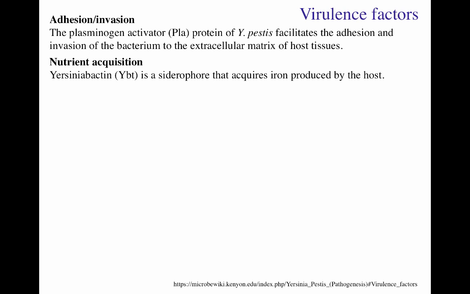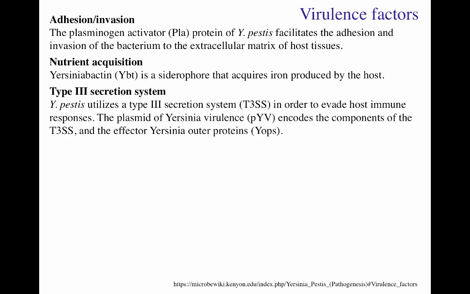It also has ways to acquire iron, and that is going to be by the presence of the Yersinia bactin molecule, an iron siderophore, so it's able to acquire iron from the host directly. Now, importantly, it has type 3 secretion systems, and those, as we remember from the lecture in carbon, are designed to secrete proteins from the cytoplasm of the bacteria into the cytoplasm of a target cell.